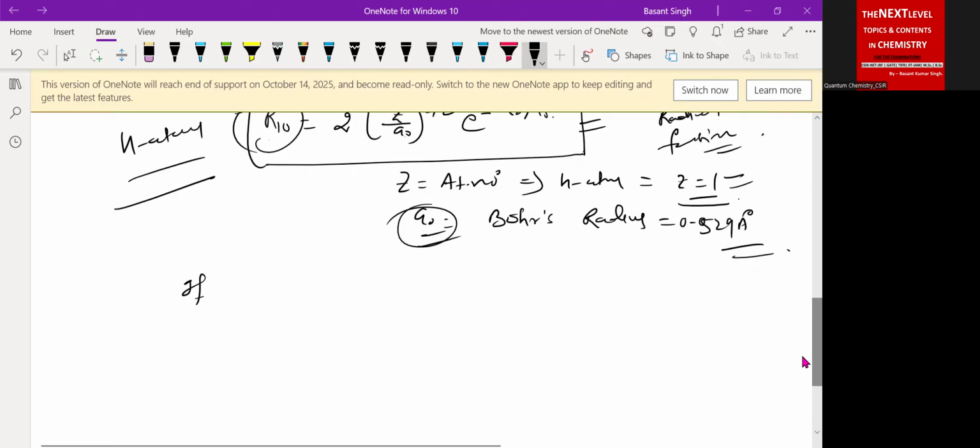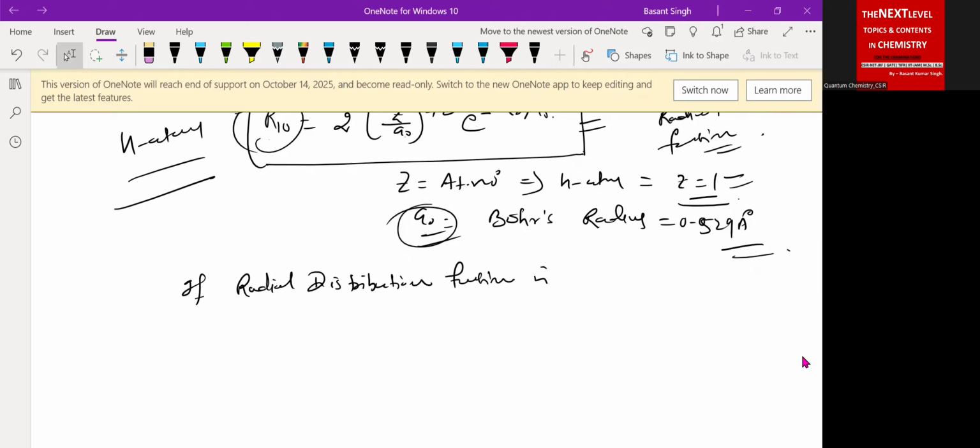Now, if the radial distribution function is R square, then the integration of R10 square r square dr from 0 to infinity should be 1.